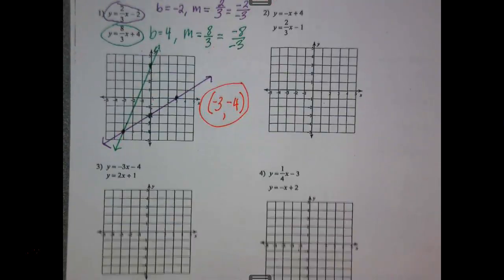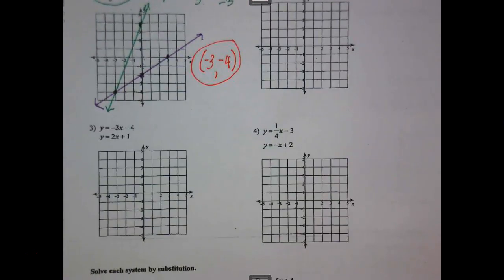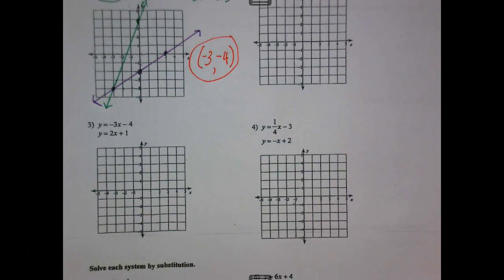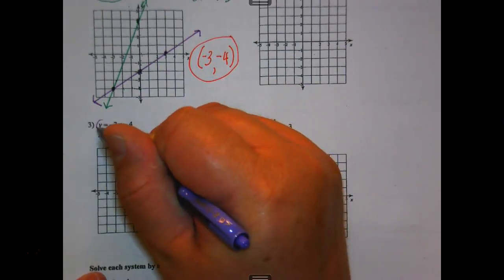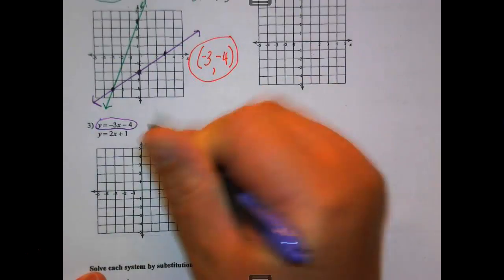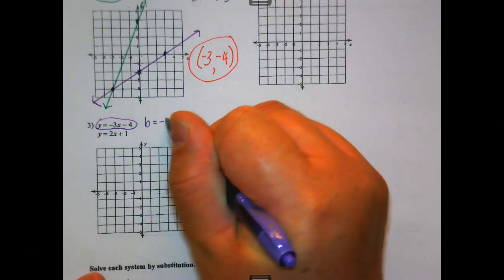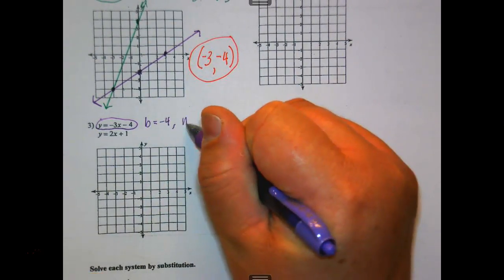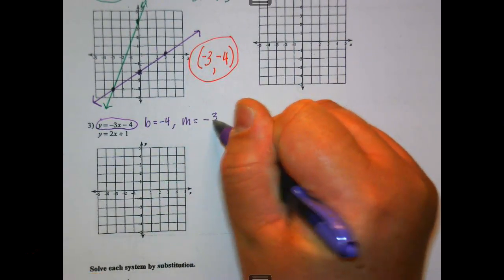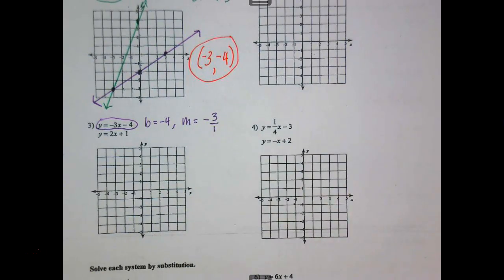Okay, number 3. Okay, the first one, my b is -4. My slope, -3 or -3/1.